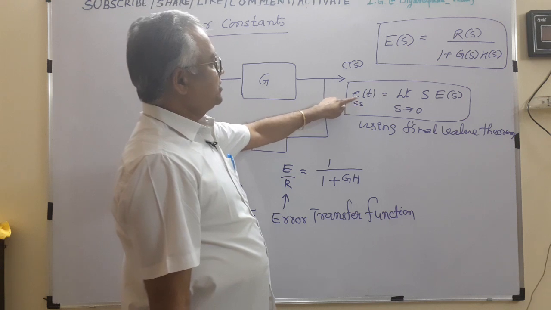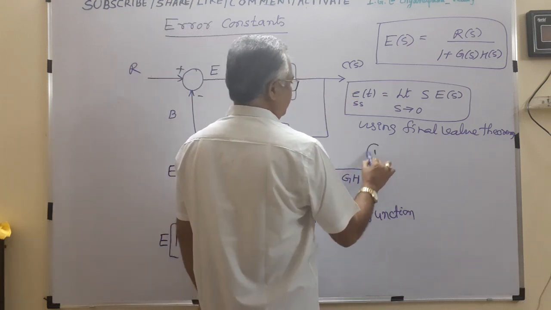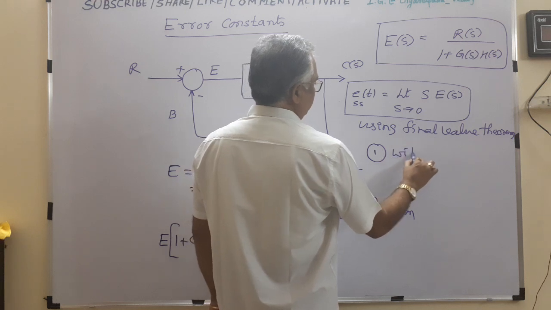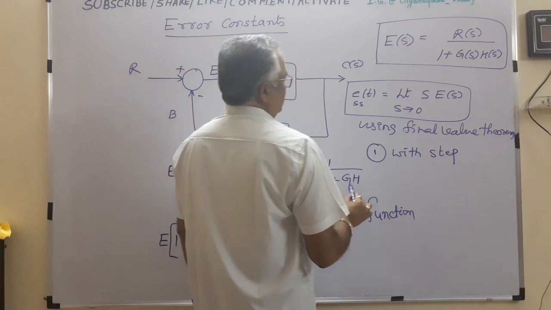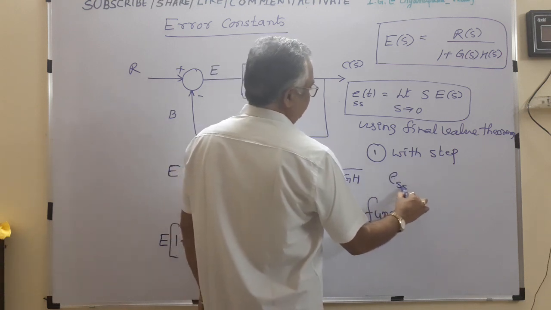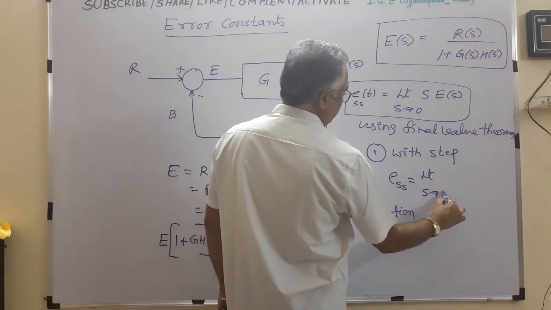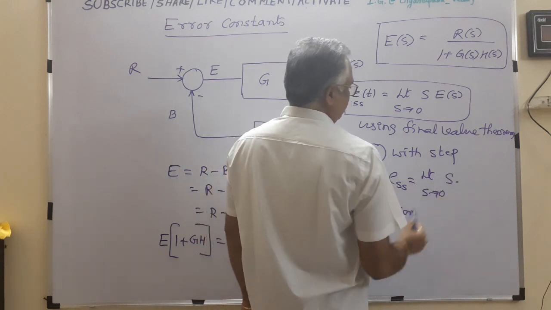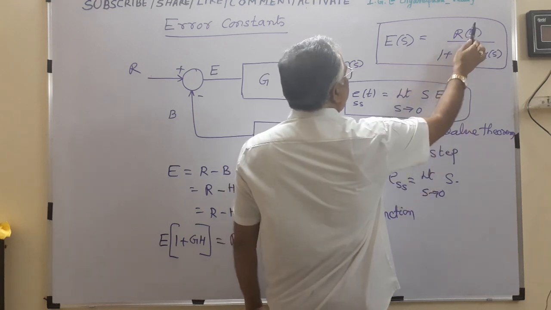So we want to find the steady state error with a step. What is the steady state error with step? Limit S tends to 0 S into E of s. E of s equals this.